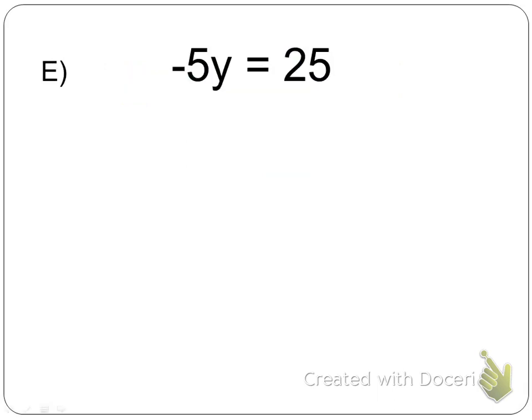All right, here's E. We have negative 5 times y equals 25. How do you undo multiplying by negative 5? We divide both sides by negative 5.